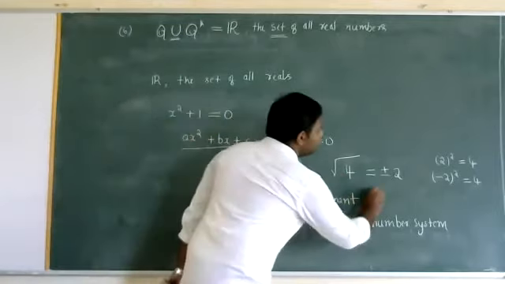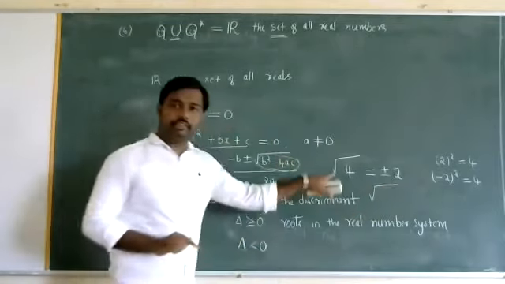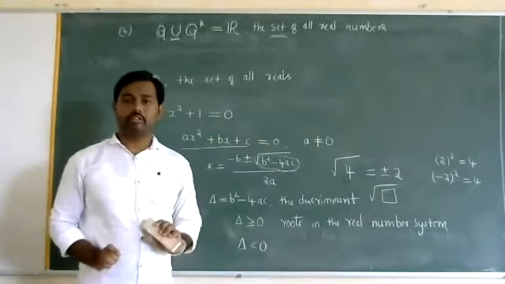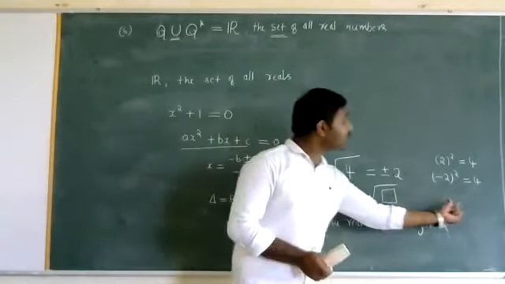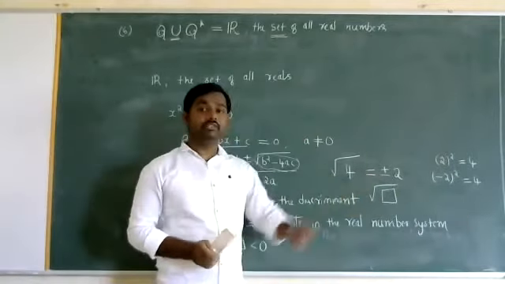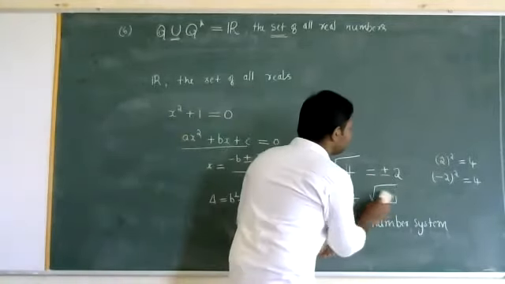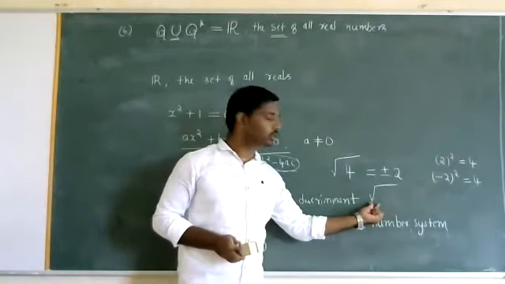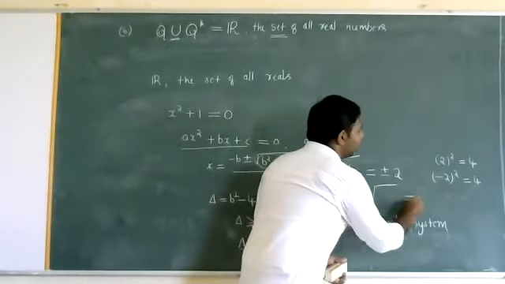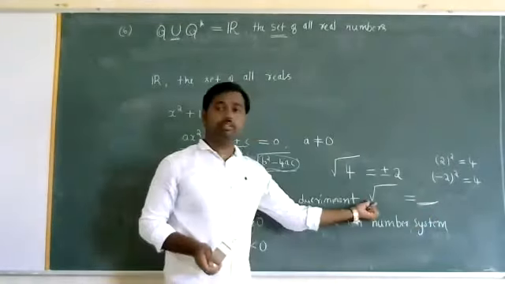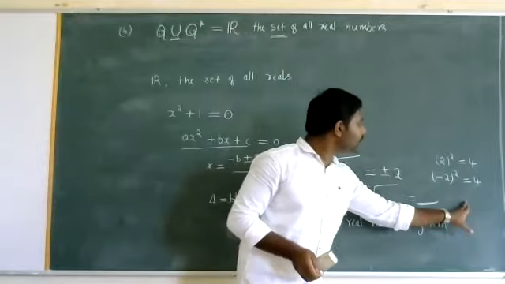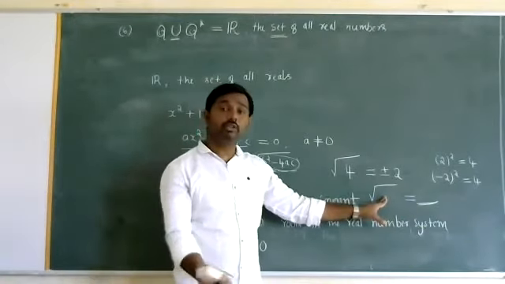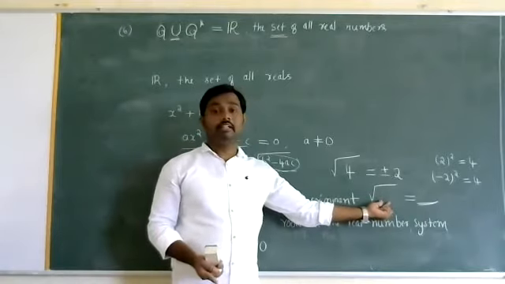Now, by the definition of square root, if I put a negative number inside a square root, is there any number whose square is a negative number? Whichever number we square, we will not get a negative number.